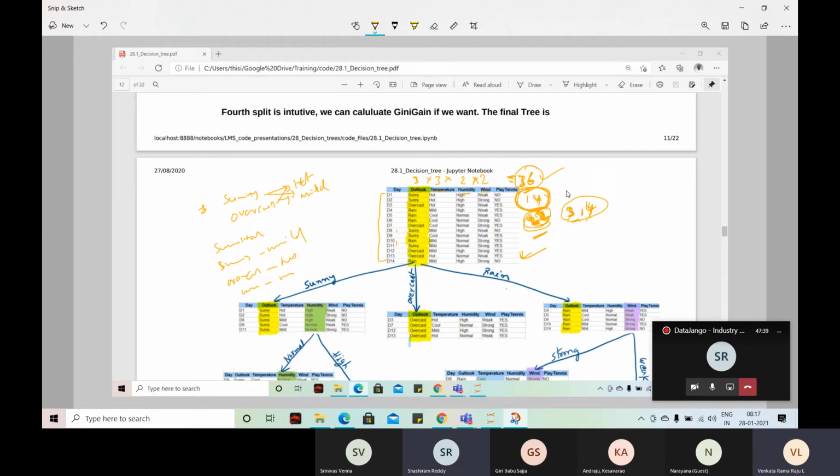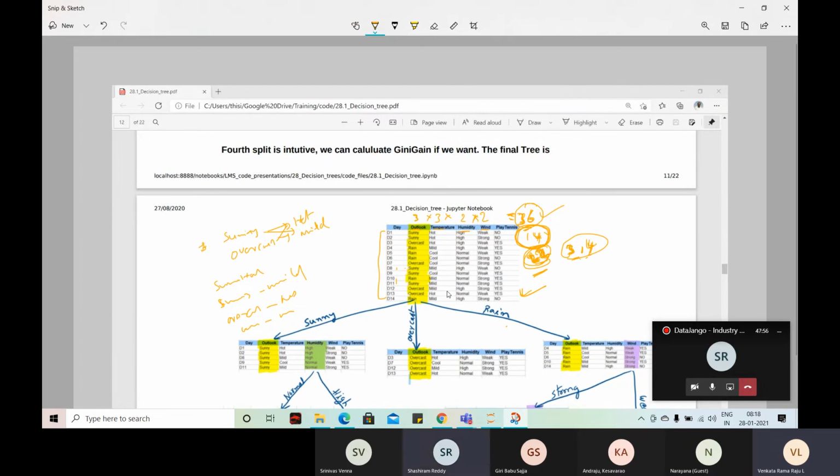But practically that is not possible because data is ever changing, the patterns are ever changing. And there is another problem with decision tree. If you change 4 or 5 records here, if you add 4 records or remove 4 records, the whole tree will change because the combinations will change.